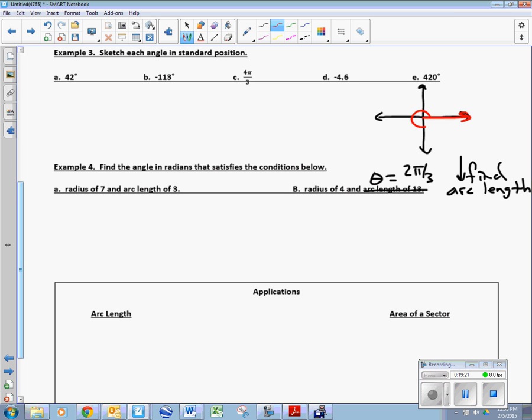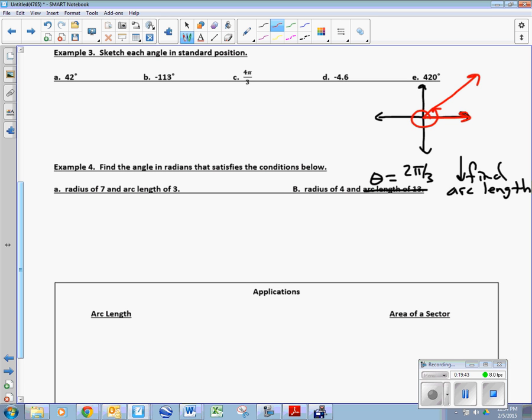So I'm going to go around once and 60 more. And that will be the location. So I have to draw my arrows to show I went around more than once. Otherwise, for all you know, it's just a 60-degree turn.